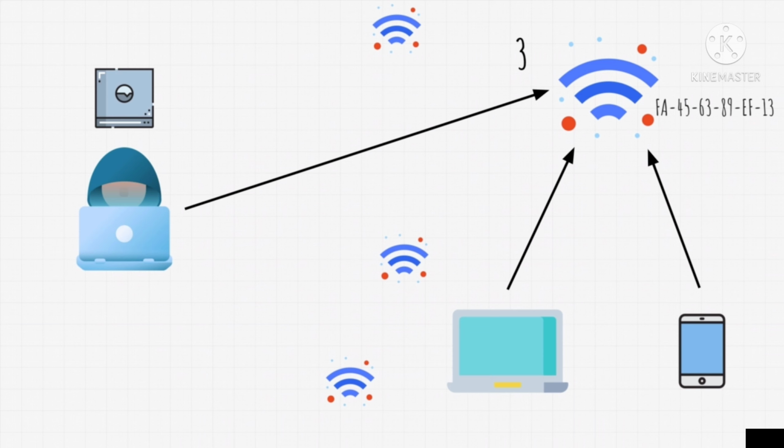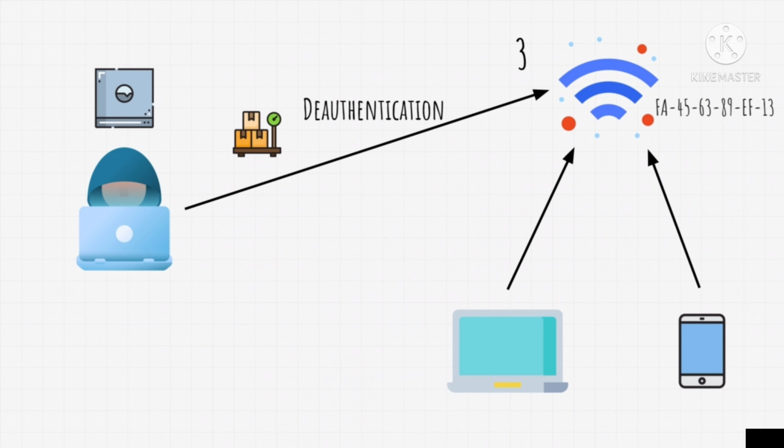However, it could be a long time until someone tries to connect to that Wi-Fi. So, are we going to just sit there and wait for someone to connect? Well, of course not. We're going to perform a different type of attack to kick everyone off of the Wi-Fi, and that is called the deauthentication attack.